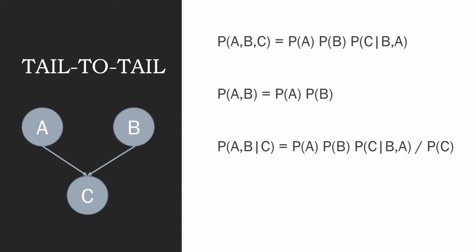But after that, when we give the C value, it's going to be like the last equation, P(A and B given C), or the conditional probability. It's going to be P(A), P(B) multiplied with P(C given B and A), and divided by the probability of C. Because for now we have the condition that C has to be some value, so it's not going to be like the second line equation anymore.